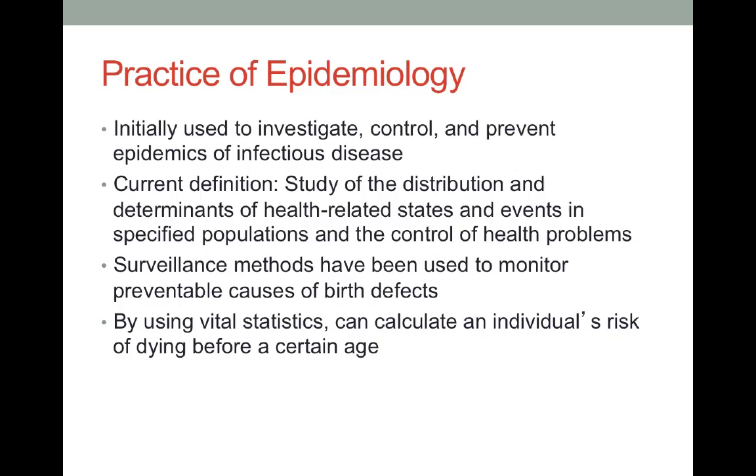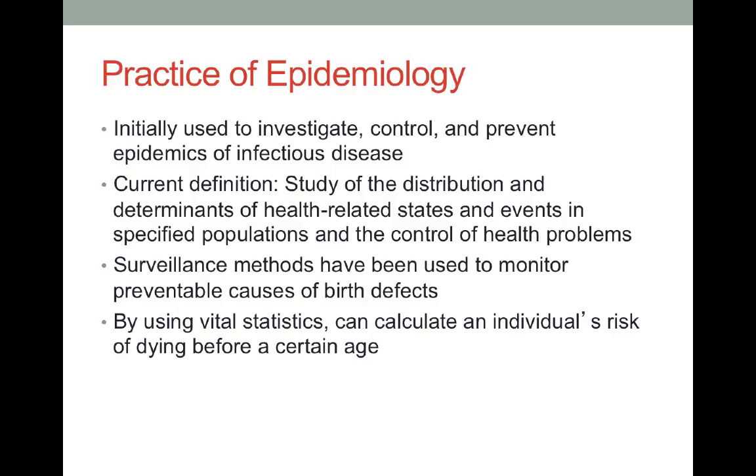Epidemiology in general is a study of the incidence, distribution, and control of diseases in a population. It is a way to surveil populations and groups of people. It is a way to monitor diseases, so we can monitor preventable causes of birth defects, for instance.